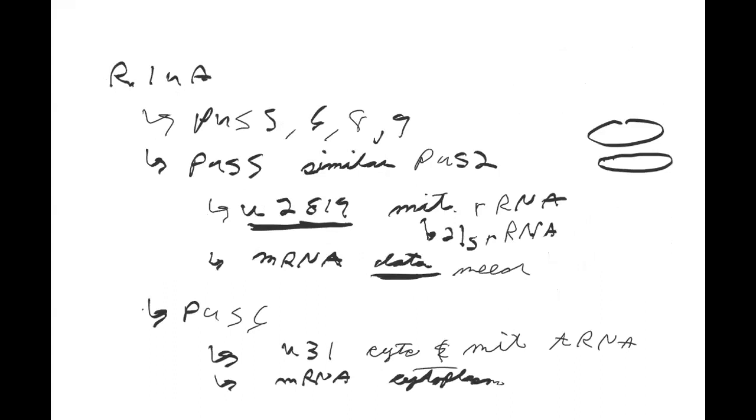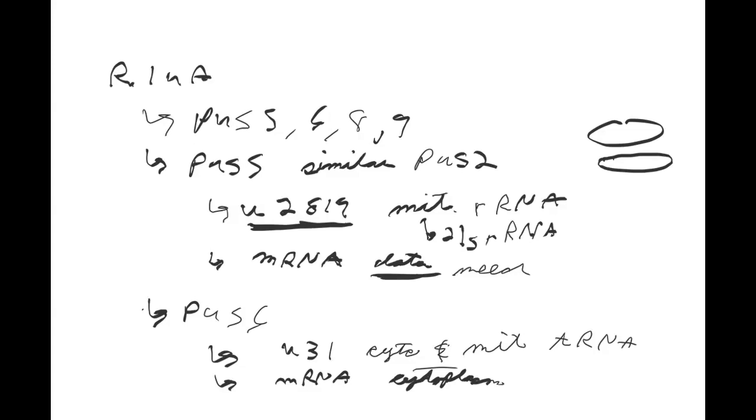Okay, so now RLUA is PUS5, 6, 8, and 9. PUS5 is very similar to PUS2 that's in TRUA. And it is modifying the mitochondrial ribosomal RNA, specific 21S at the 2819 position.